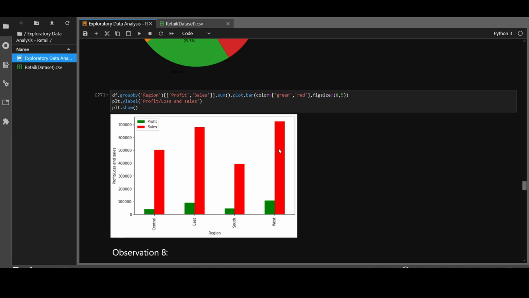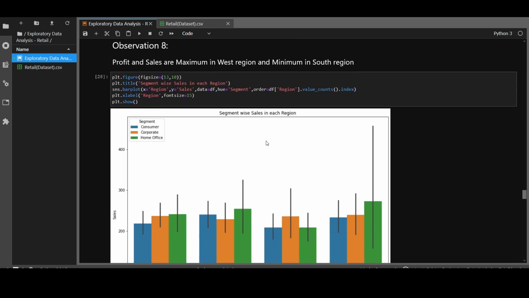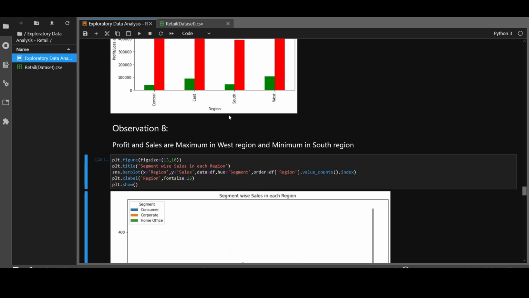It's in the west. So profits and sales are maximum in the west region and minimum in the south region. You can see south has the lowest and the west is the highest. This is the observation of that.